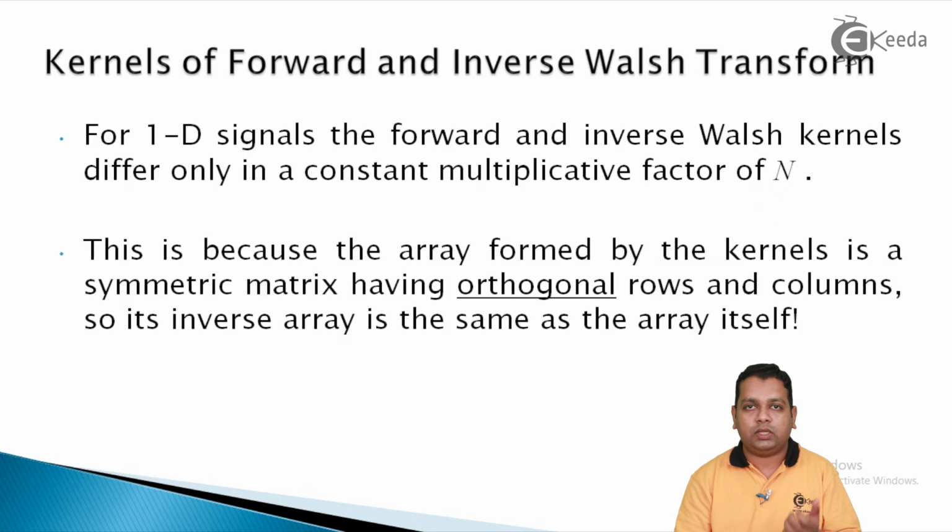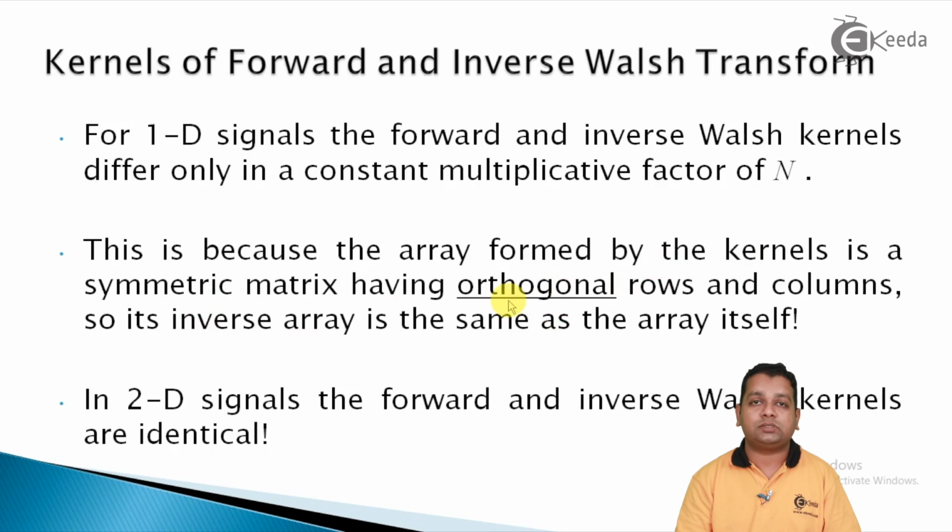That is quite simple to remember. This is because the array formed by the kernels is a symmetric matrix having orthogonal rows and columns. So its inverse array is the same as the array itself, following the orthogonality. That is the most important criterion for an image transform. In two dimensional signals, the forward and inverse Walsh kernels are identical.